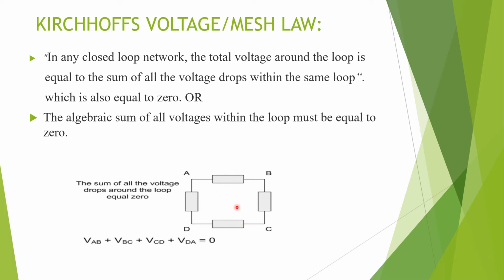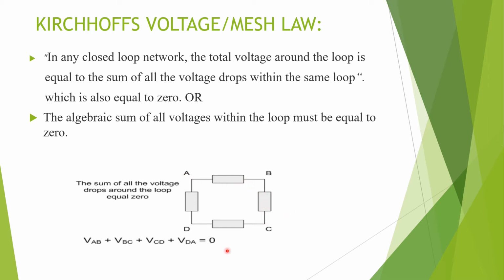to 0. Here you can see the loop ABCDA, and you can see 4 voltage drops. So the sum of these voltage drops will be equal to 0. That means VAB plus VBC plus VCD plus VDA equals 0.